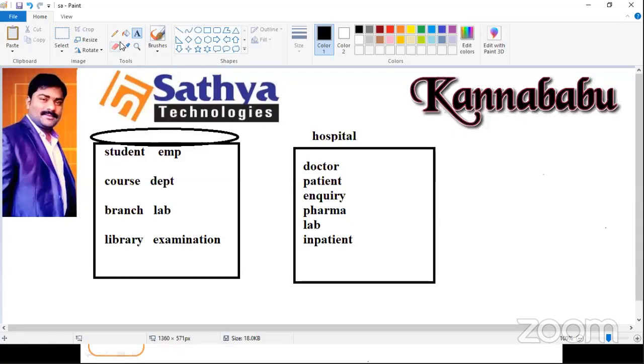Did you understand, everyone? Similarly, you can take any application, like the IRCTC, Indian Railways application. Customers will book tickets, cancel tickets, search for train details, check the PNR status.